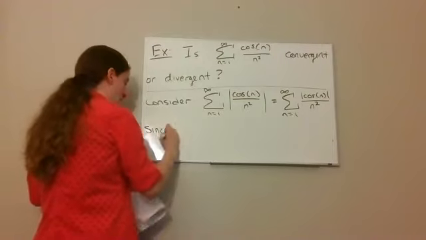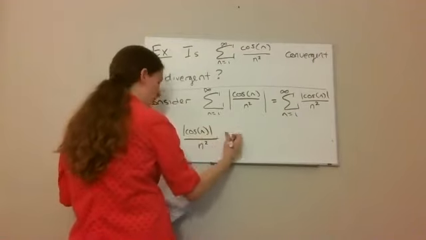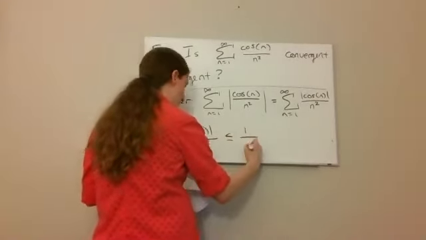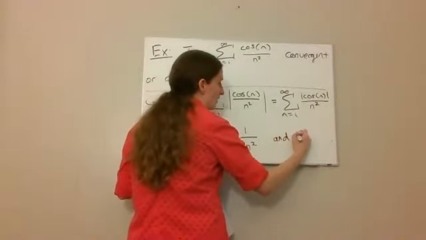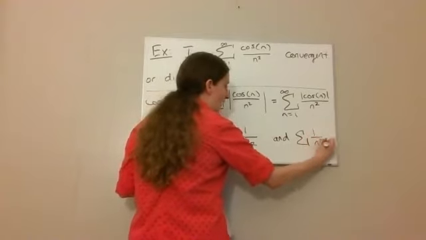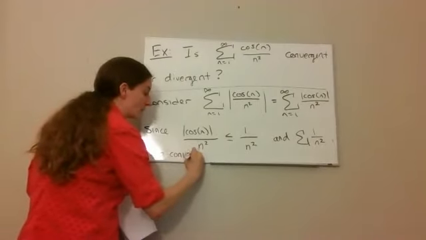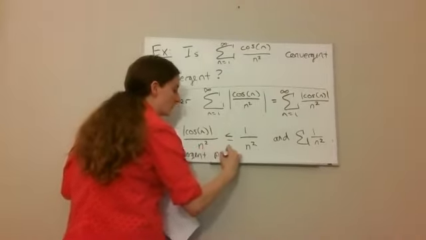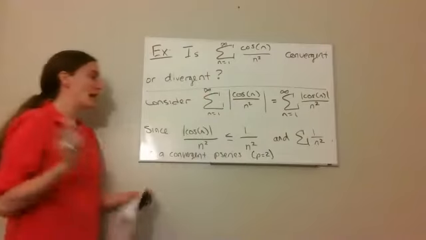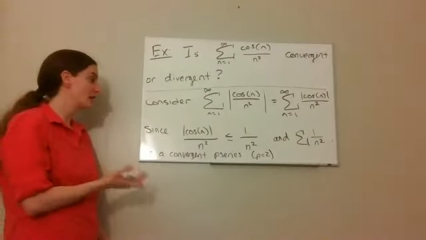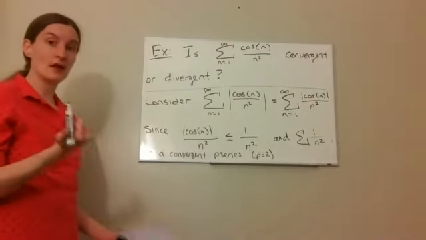So, since the absolute value of cosine over n squared is going to be less than or equal to 1 over n squared, and the sum of 1 over n squared is a convergent p-series, because p is 2, by my comparison test, this means that this series that we had is absolutely convergent, and therefore it's also convergent.